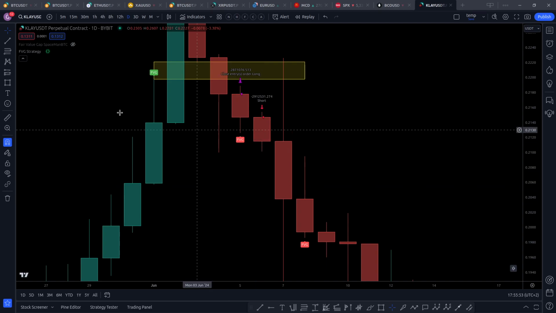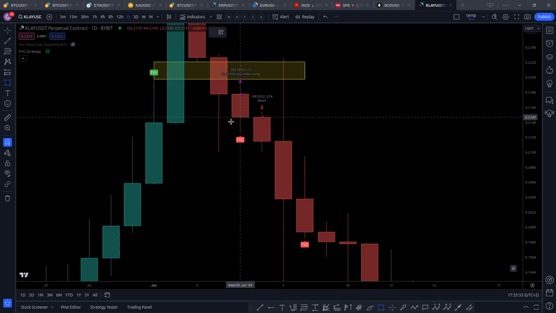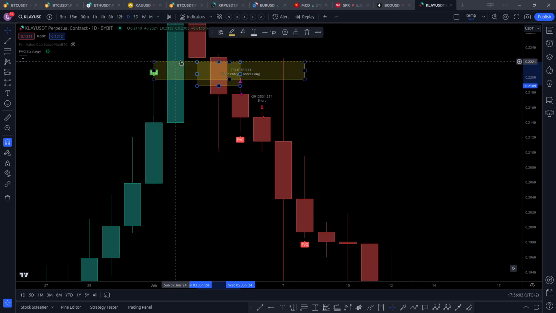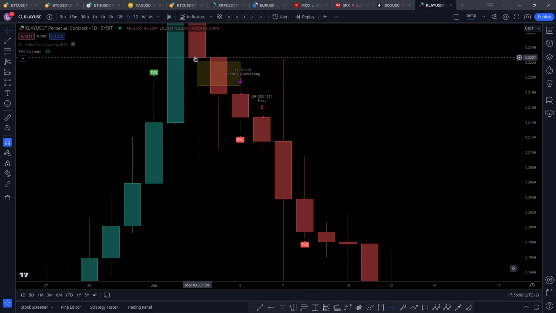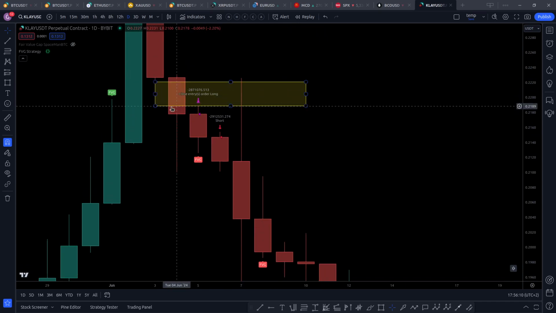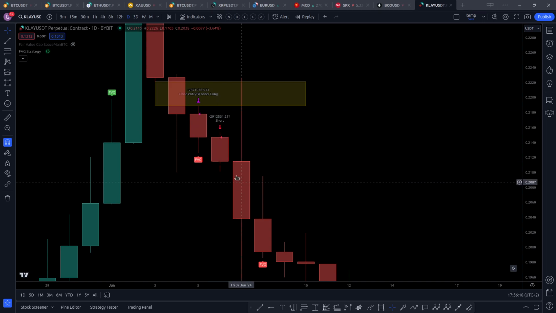And then the same goes for a bearish trend. Let's see, between this one and this one. Let's remove the bullish one. So now we get this bearish fair value gap. As you can see, only this red candle body was between the low of this one and the high of this one. We did come down.